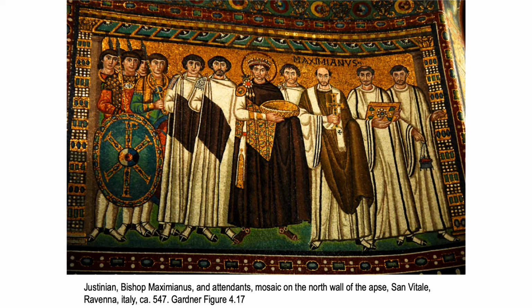With this treatment of the figure that is so very flat, it is possible to create an image of a person where it looks like they stand in front of and behind the object. So just like in the diptych of St. Michael, you see this strange interplay of space with Bishop Maximianus.